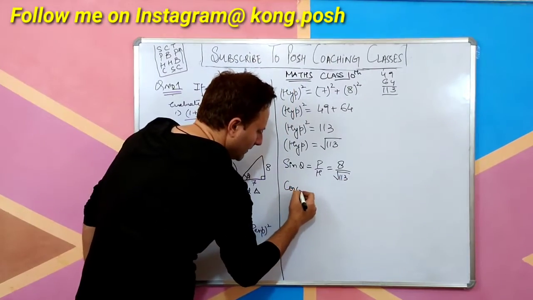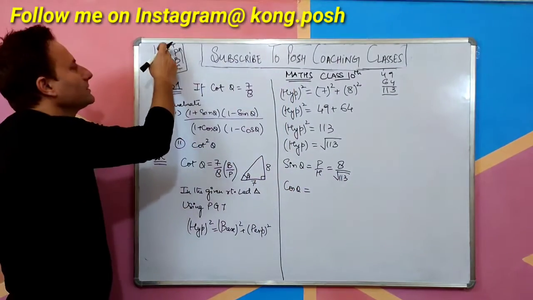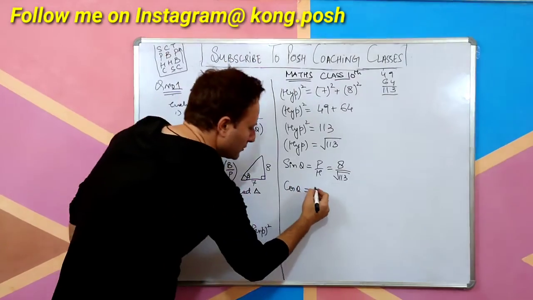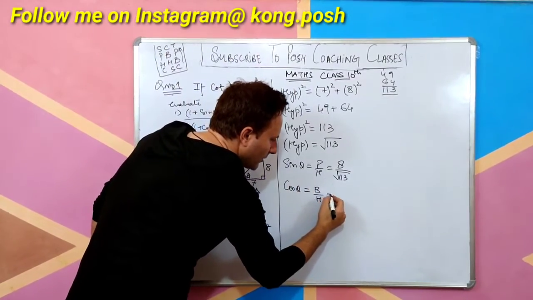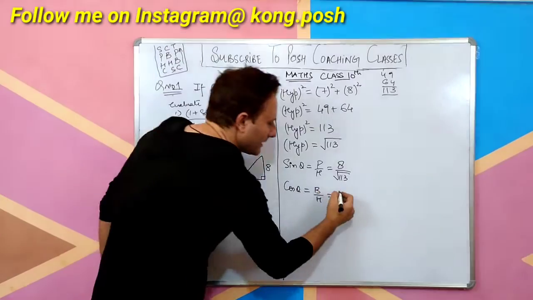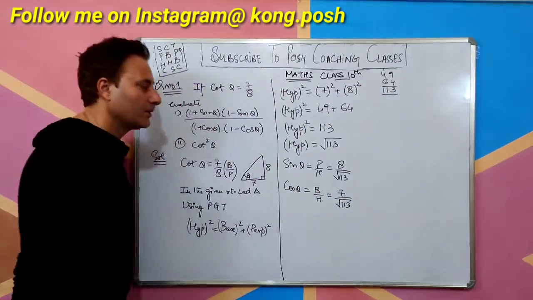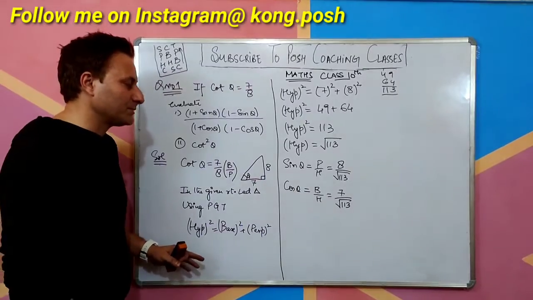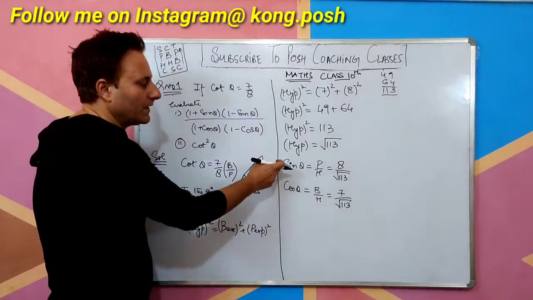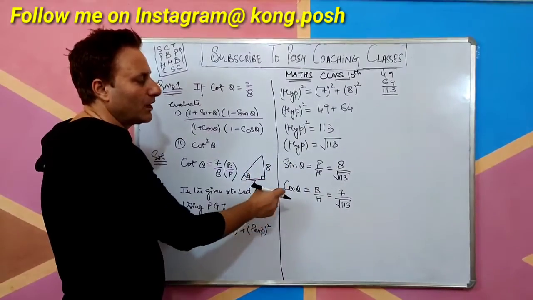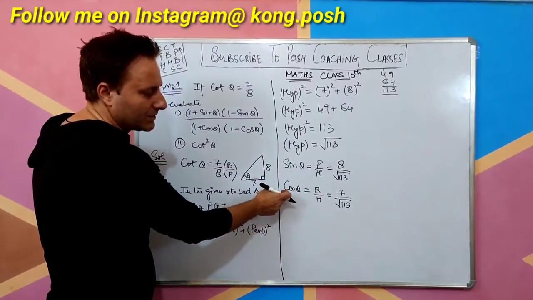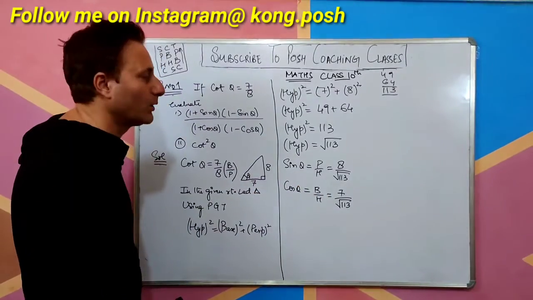Cos theta is base upon hypotenuse. Base is 7 and hypotenuse is under root 113. Mind you, this is a very important question, so please pay attention. So we have sine theta 8 upon under root 113, and cos theta 7 upon under root 113.